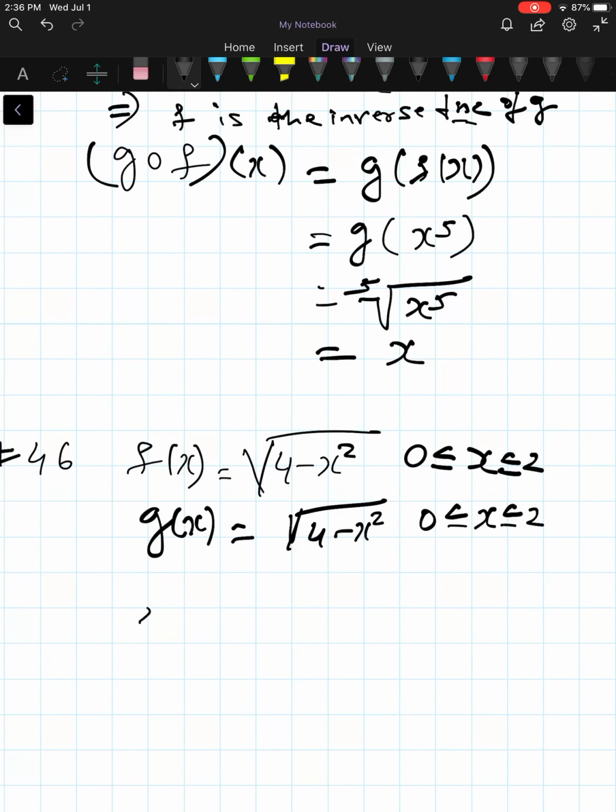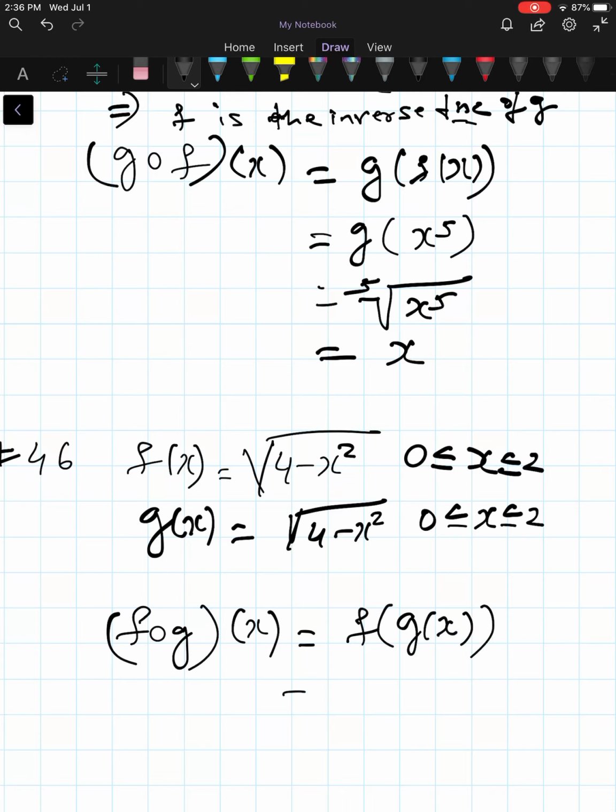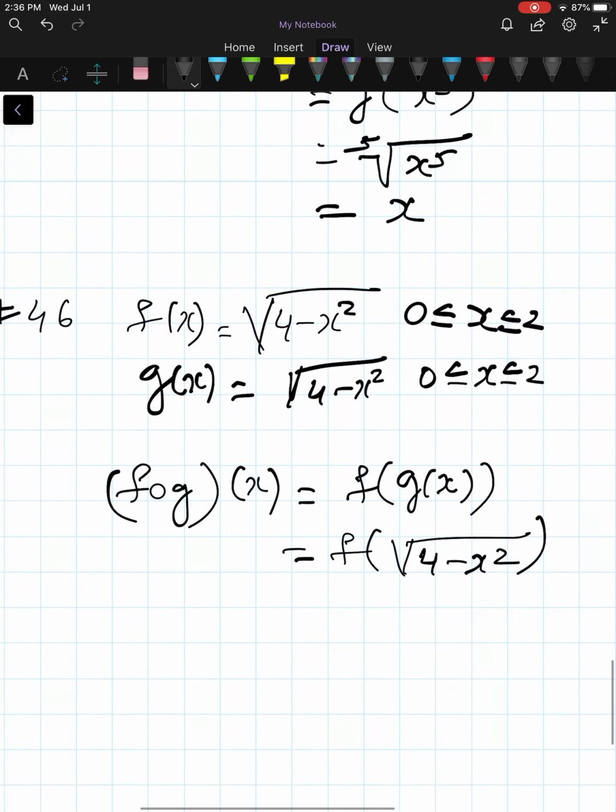Okay, let us do this. Calculating f compose g of x, we get f of g of x. So that would be f of square root of 4 minus x square. So wherever there is x, you should substitute the whole of this.